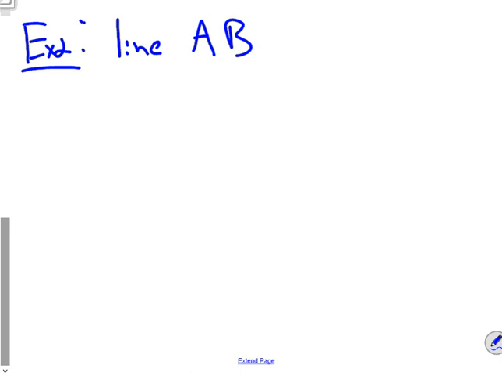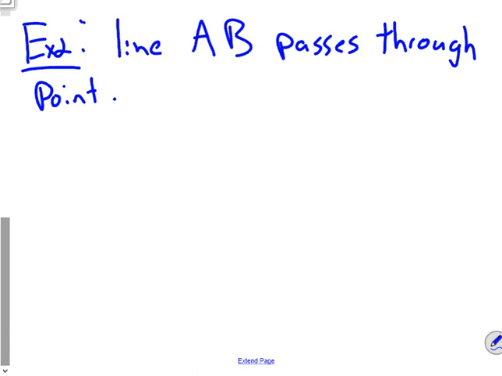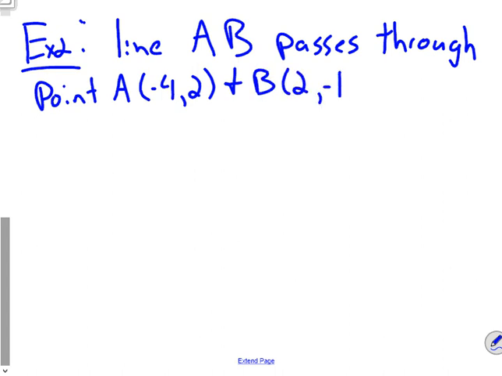Line AB passes through point A. I'm going to give you a coordinate for A. -4 and 2. And B, which is at 2, -1.